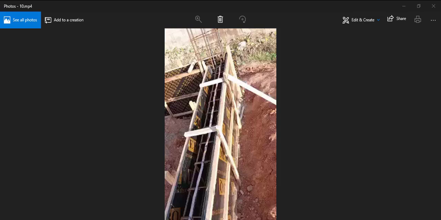Very important. Your retaining wall must be higher than the road level, which is very, very important for us.